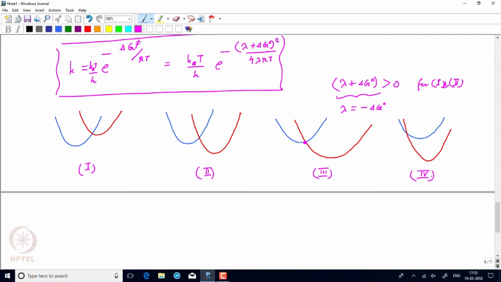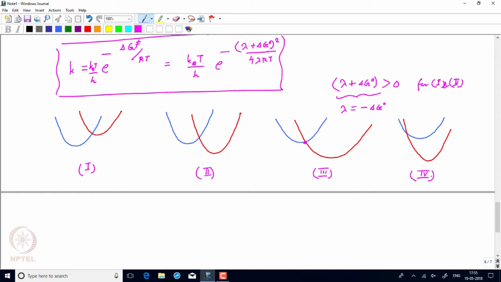So the fourth case is very interesting. Now what we see here is that the lambda plus delta G0 again will be very much positive, in the sense that in this case the delta G0 is highly negative. It's not slightly negative.